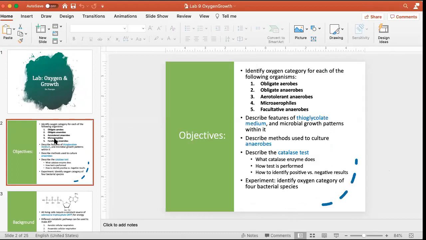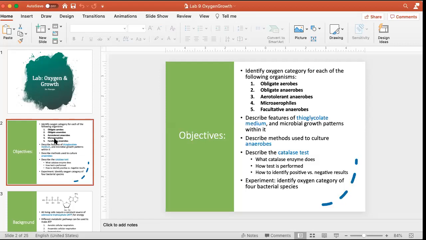So the first thing we're going to do is talk about the 5 different categories of relationship that different bacteria have with oxygen. We can put bacteria into one of these 5 categories based on whether or not they require oxygen, whether oxygen is toxic to them, or whether they're somewhere in between.